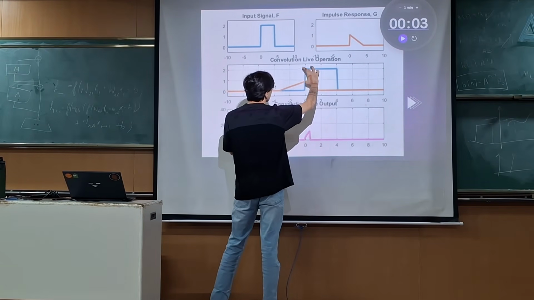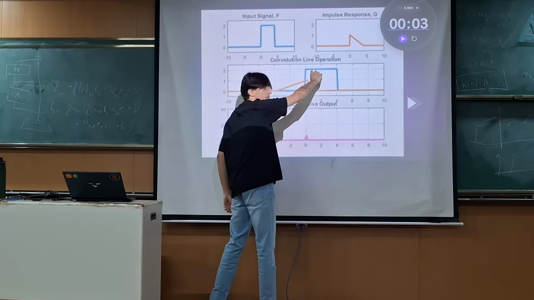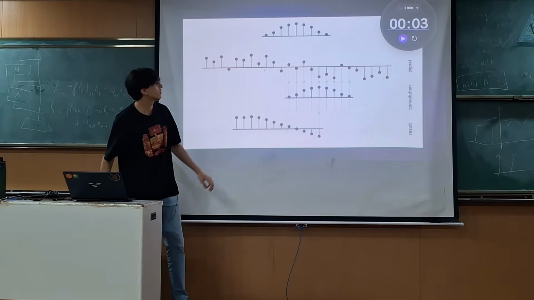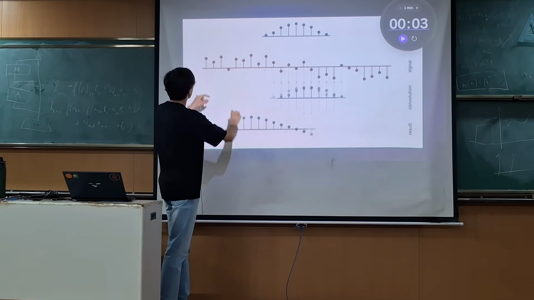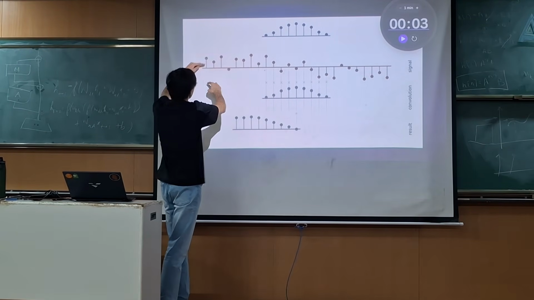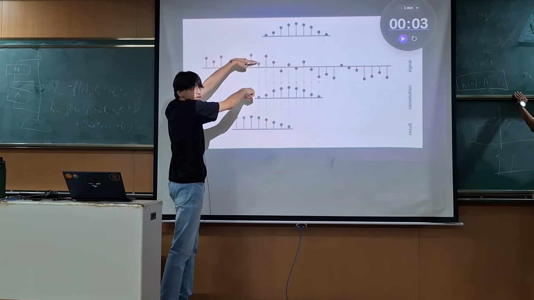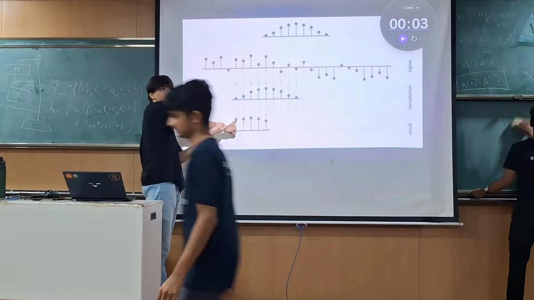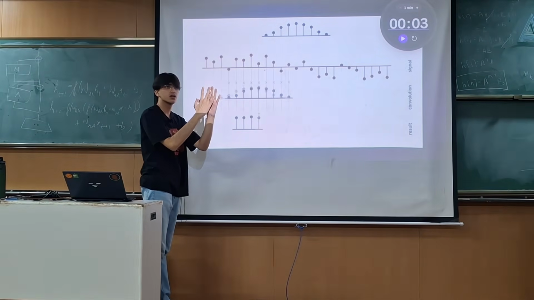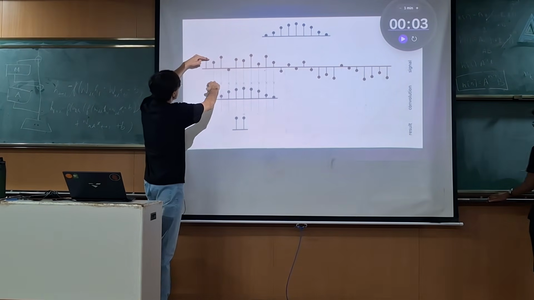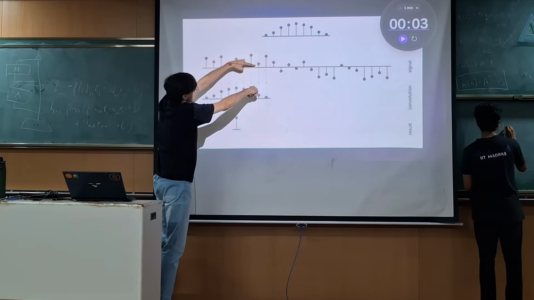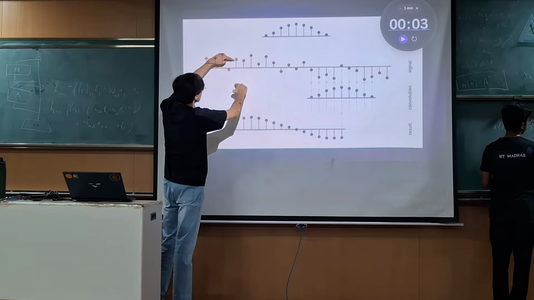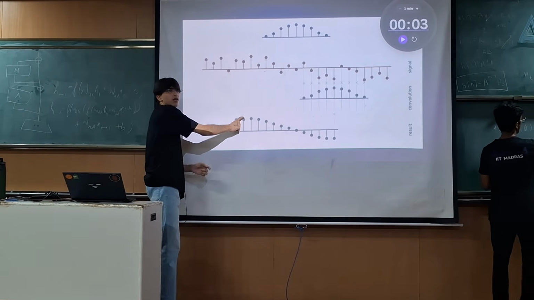It comes here, you multiply the values of all the things, and at this time step the summation of all of them becomes the value of the output at this time. When you move it one step, you sum it all up again, and this becomes the value.